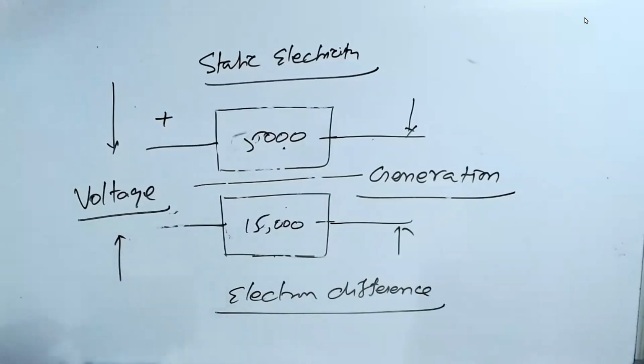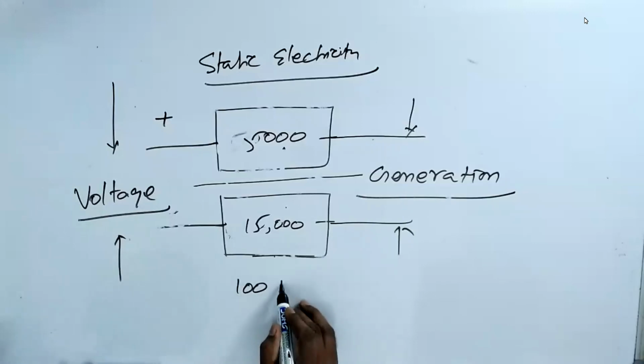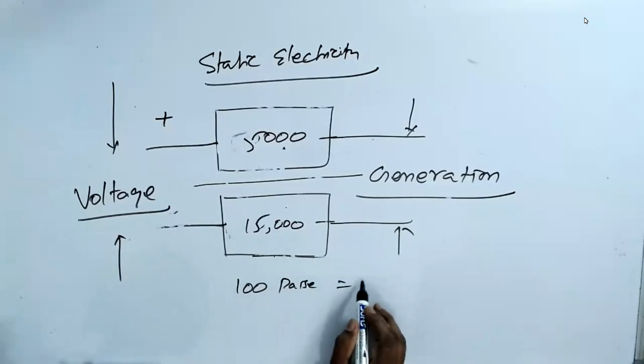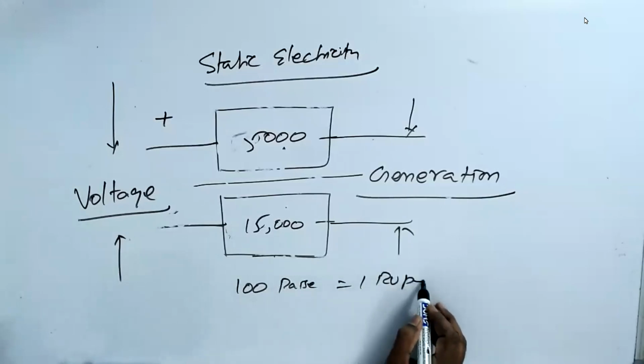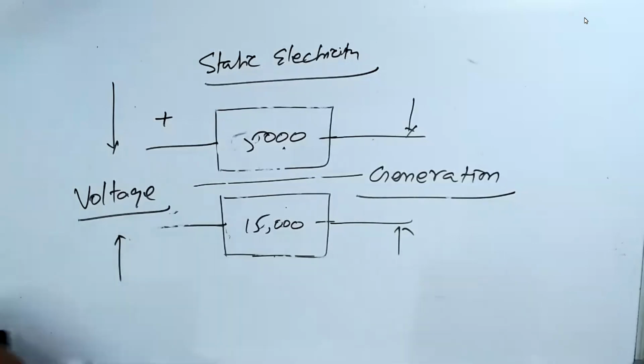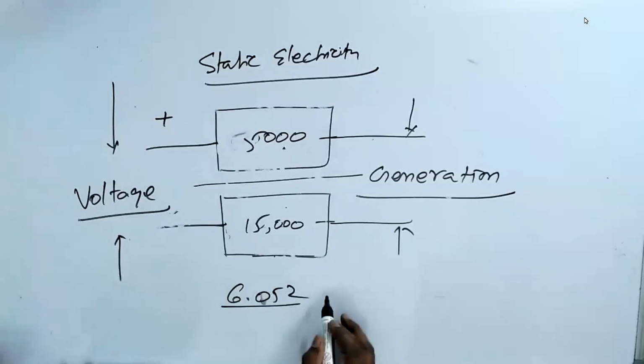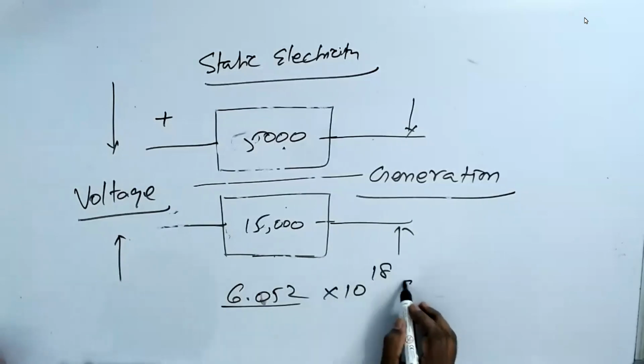And then also they have a measurement, like we have 100 paise equal to 1 rupee. Here they have come out with a measurement, 6.052, I think, you can verify, 10 power 18 electrons.